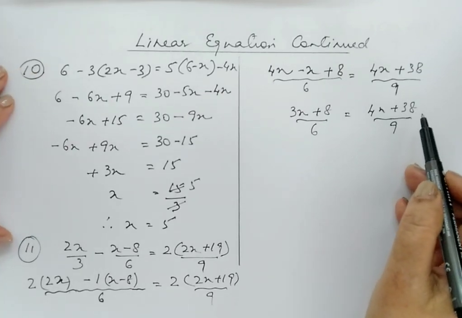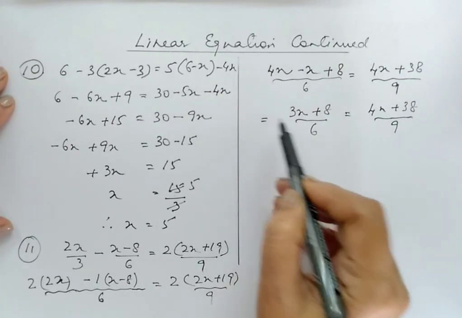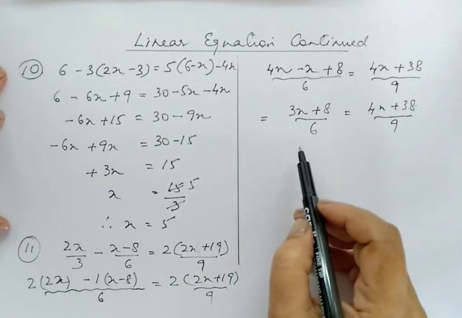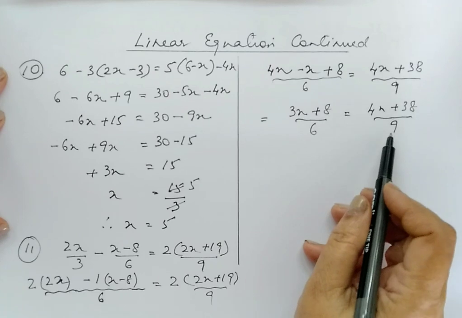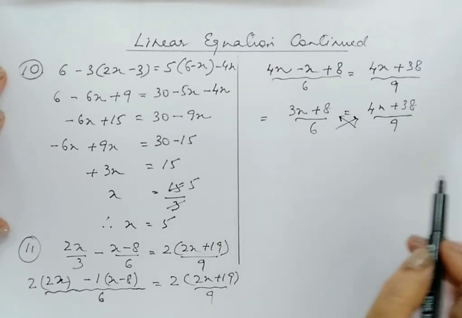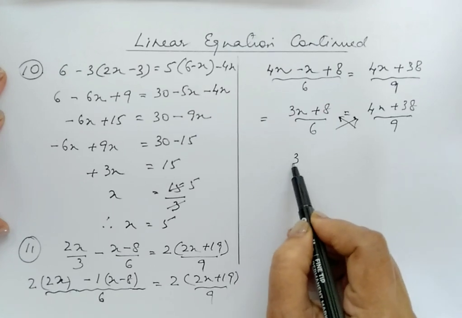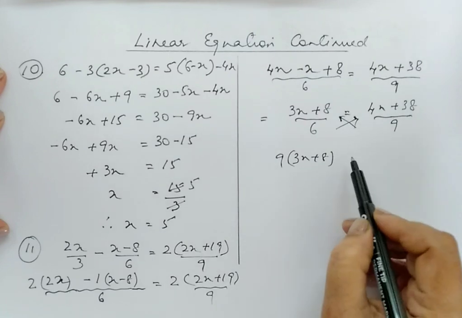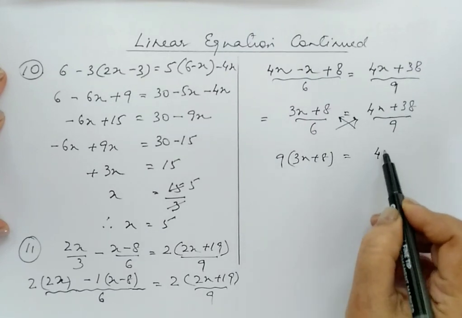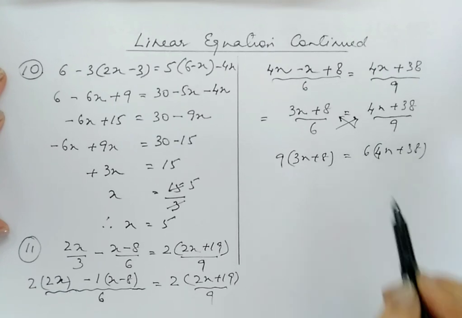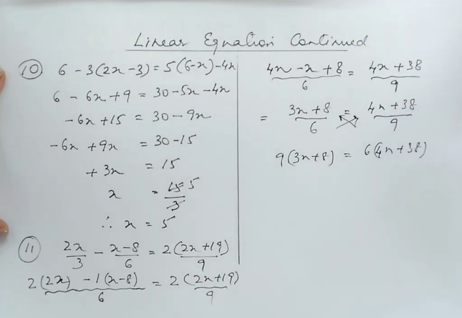What next? What do you think we should be doing? We'll do a cross multiplication next. So let's copy 3x plus 8, and this is multiplied by 9, and here 4x plus 38 multiplied by 6. Got it?